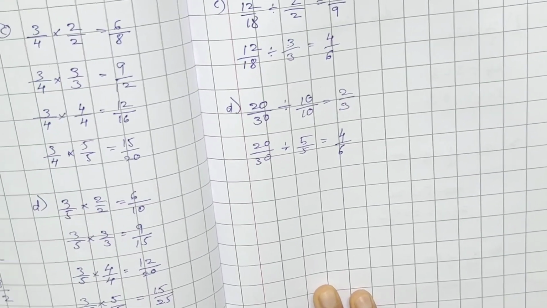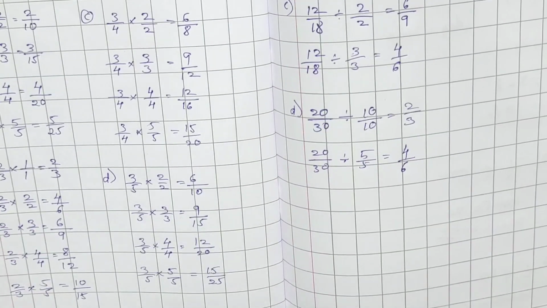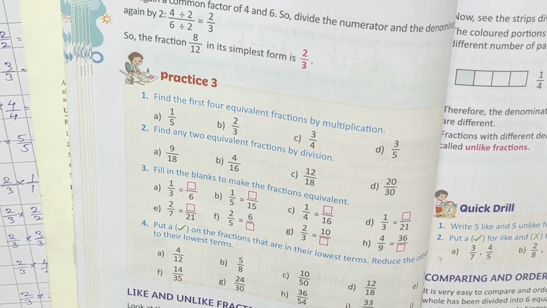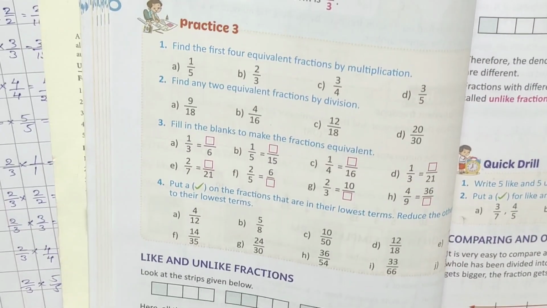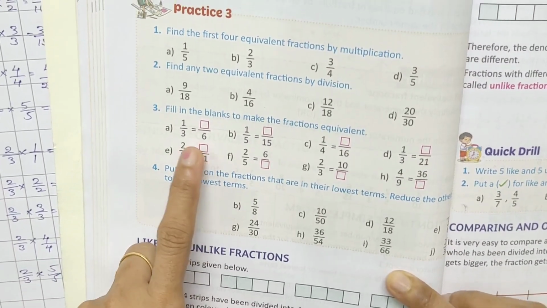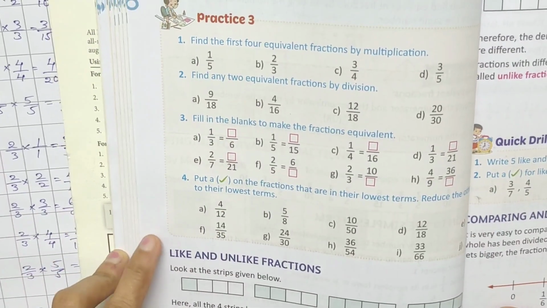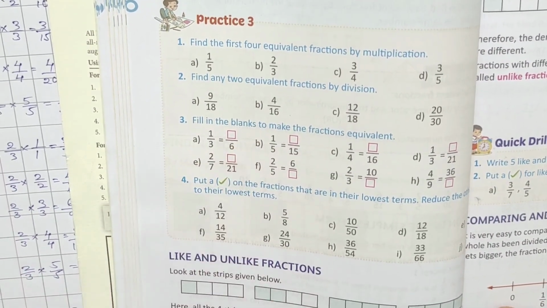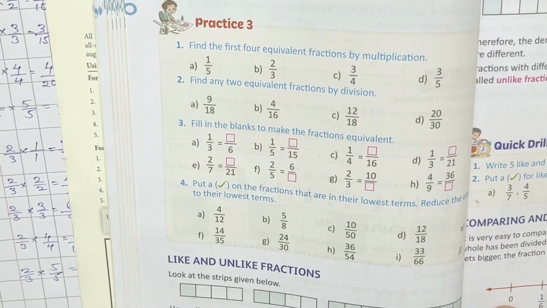Next comes fill in the blanks to make the fractions equivalent. So 1 divided by 3 is equal to dash divided by 6.